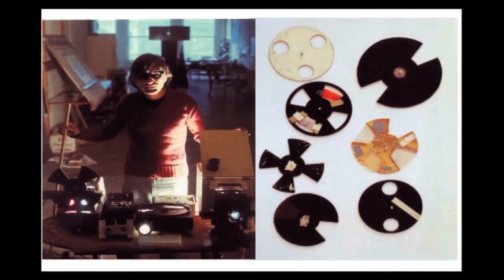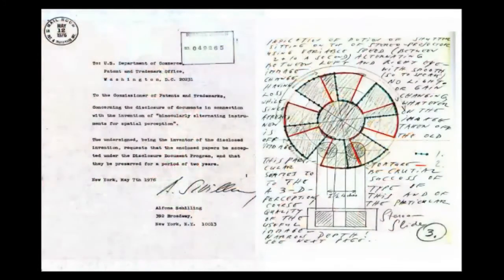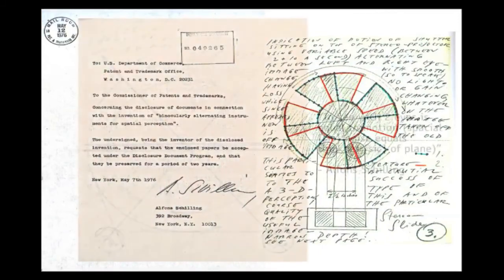And he got really interested in this research, and he contacted the US authorities to patent this idea that came to be known as the Schilling effect. So the idea about creating stereoscopic illusions, manipulating them by means of rotating plates, of course links interestingly with his early work with those rotating paintings in many ways.